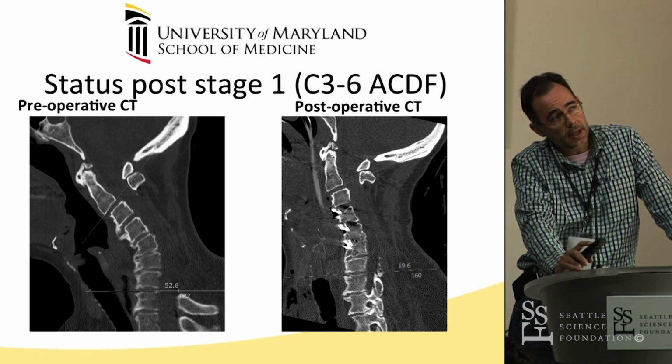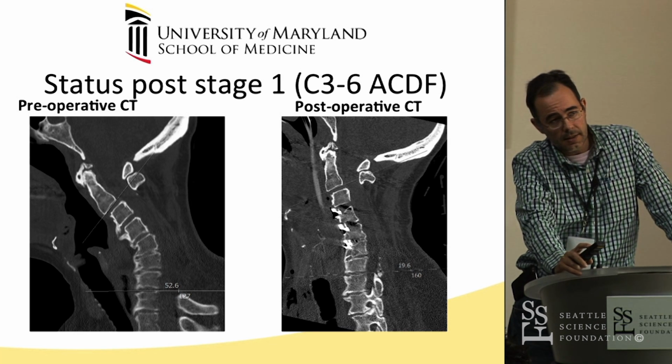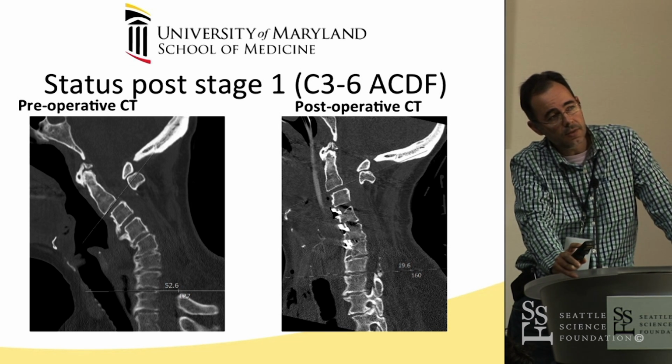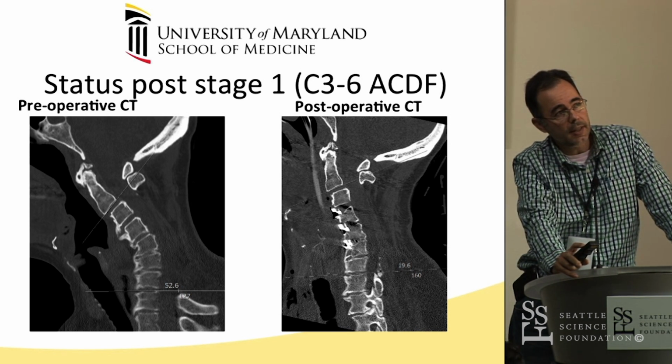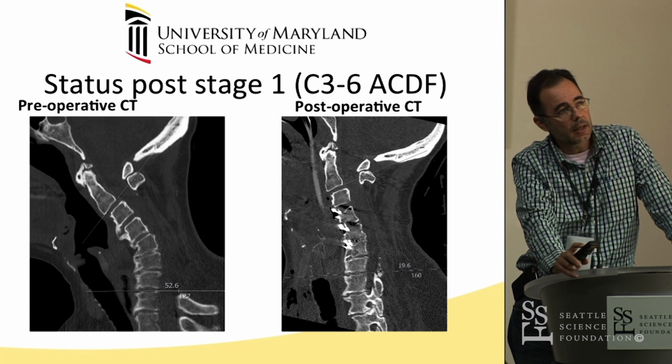These are interbody cages with a hyperlordotic option. Twelve degrees of lordosis is achieved through these interbodies, and you can see that we got some improved correction with that interbody.